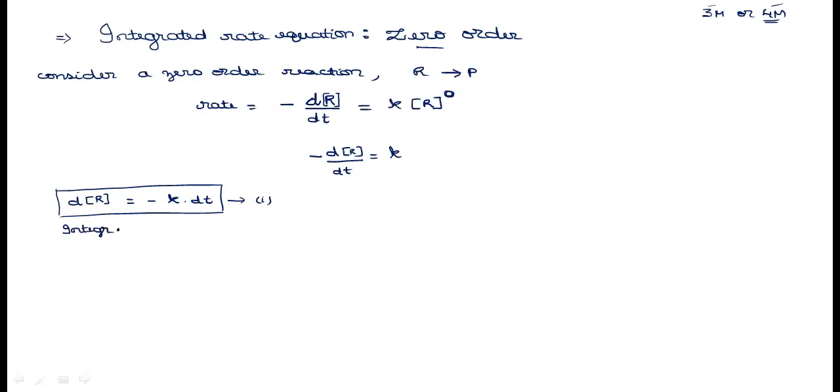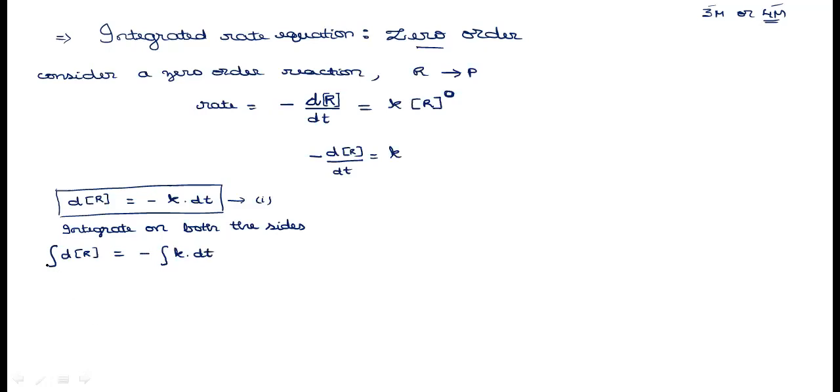Now integrate on both the sides. Integration of dR is equal to minus integration of K into dt.